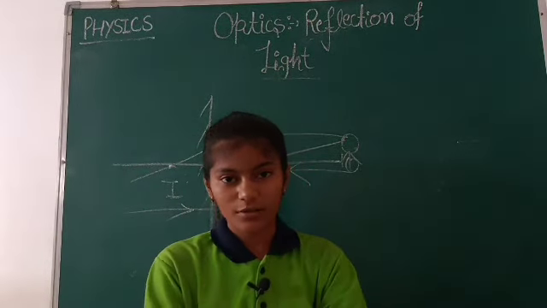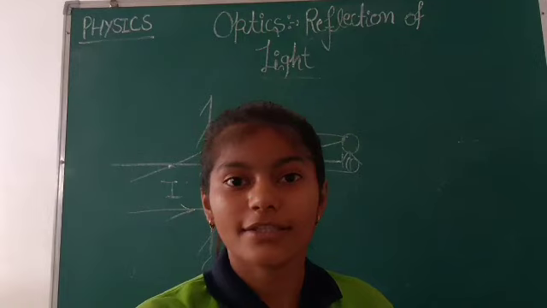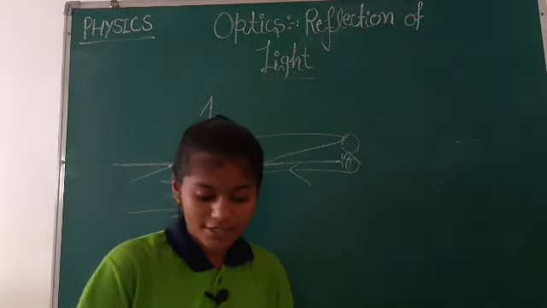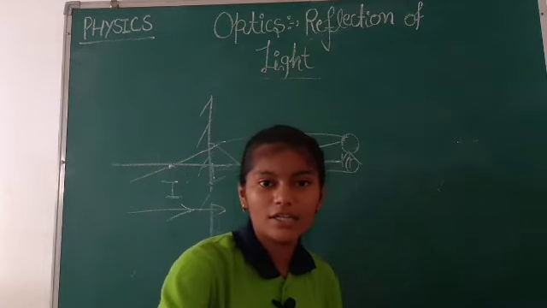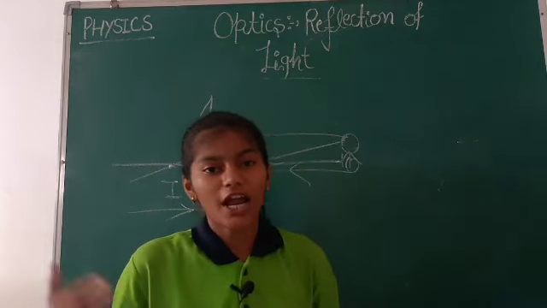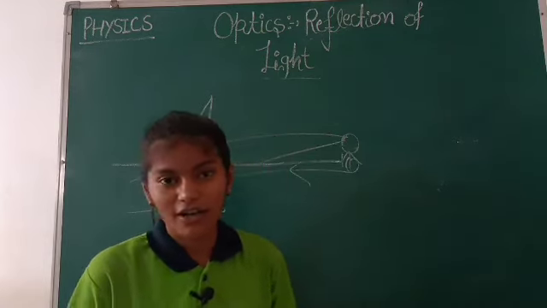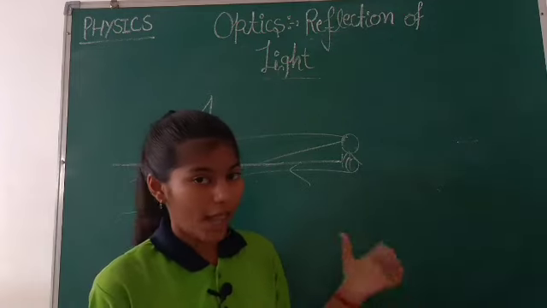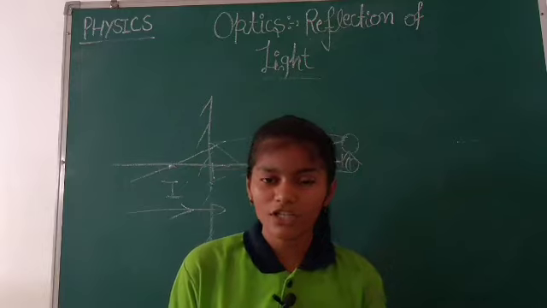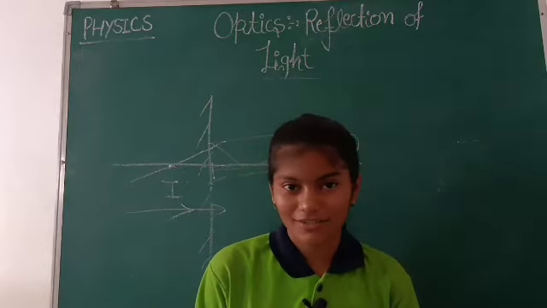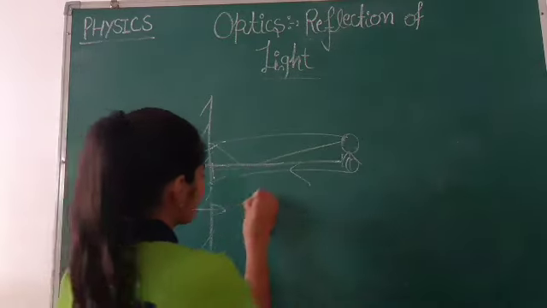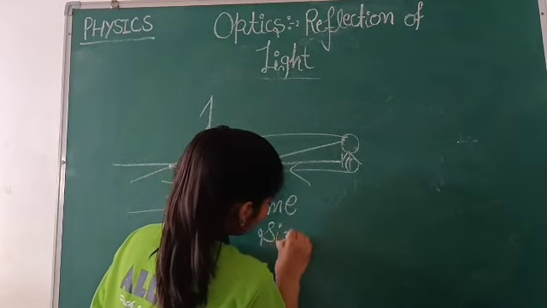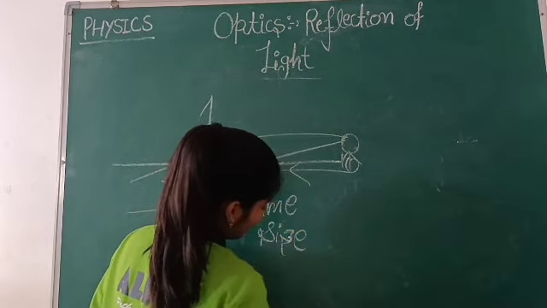Let's suppose this is a mirror and I am moving like this, then my image will also move towards this, and the distance between me and the mirror and between the image and the mirror are equal, right? This is what happens in the case of a plane mirror. And the image is basically virtual and erect, right? Of the same size.